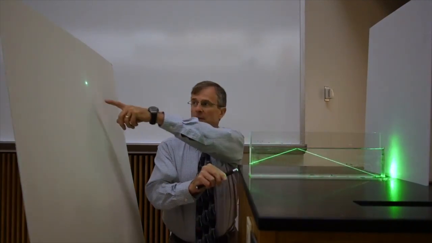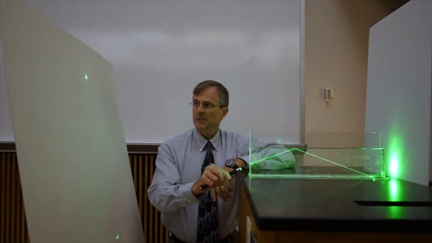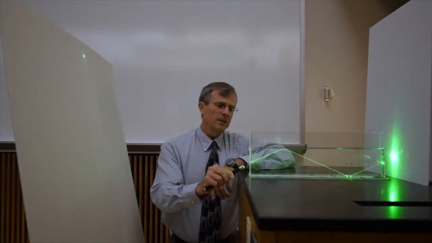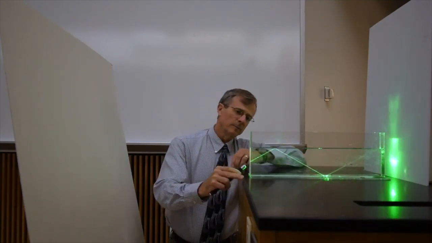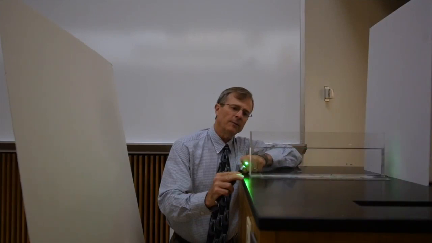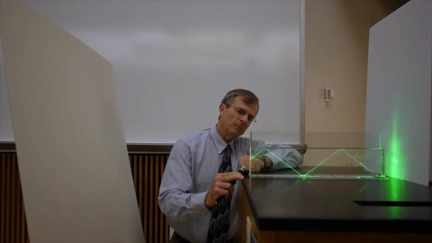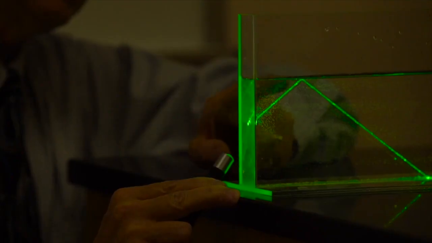There's a reflected beam that comes over to here with angle of incidence equal angle of reflection. And then there's a refracted beam, and you can't really see the incident laser beam here, but the beam bends when it enters the water.